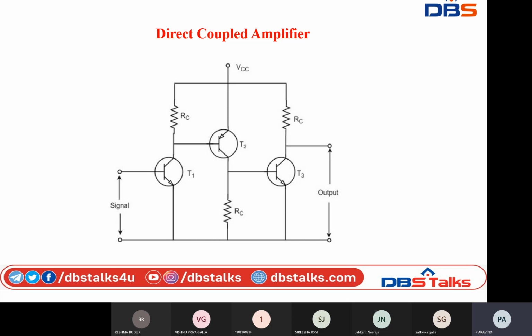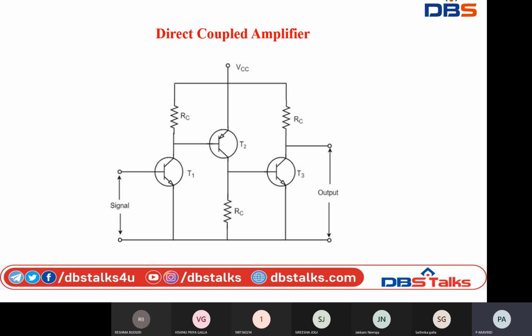Here, when the input signal is applied at the base of the transistor T1, it gets amplified due to the transistor action, and the amplified output appears at the collector resistor, that is RC of transistor T1, the first stage.